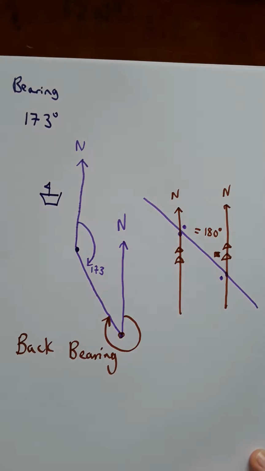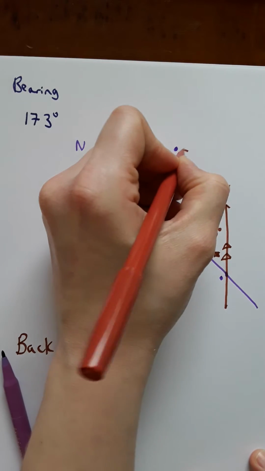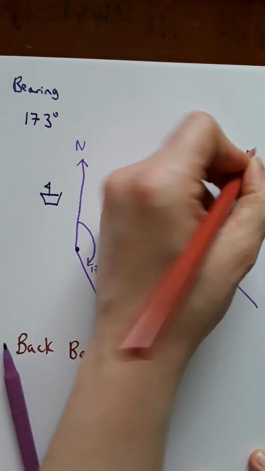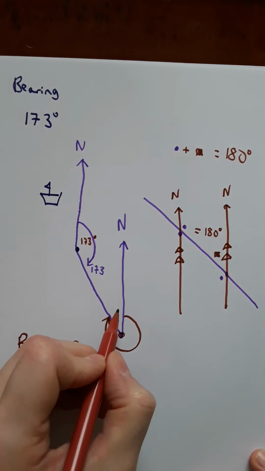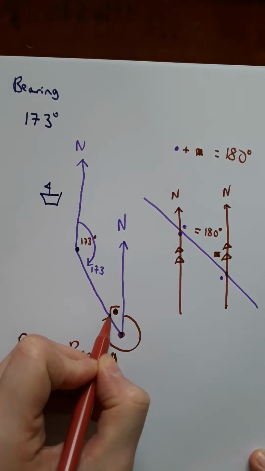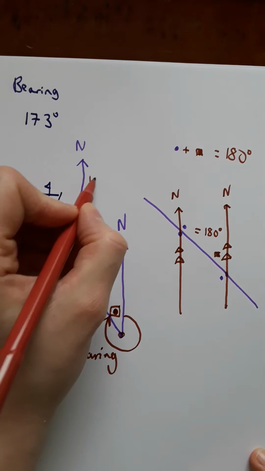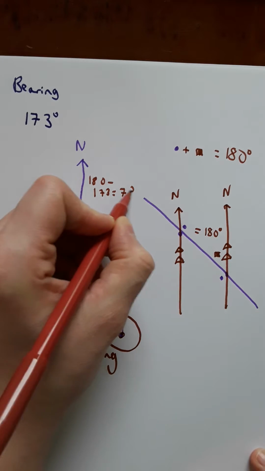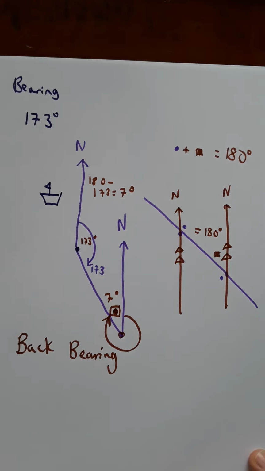So if this plus this has to equal 180 degrees, then this 173 plus whatever's in here has to also equal 180. So 180 minus 173 equals 7 degrees. So I know that this is worth 7 degrees.